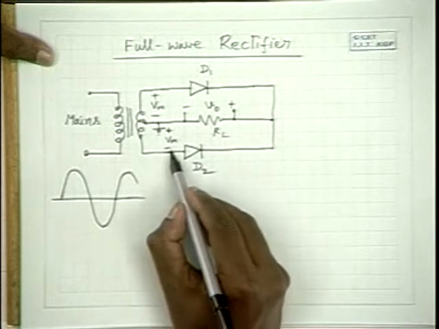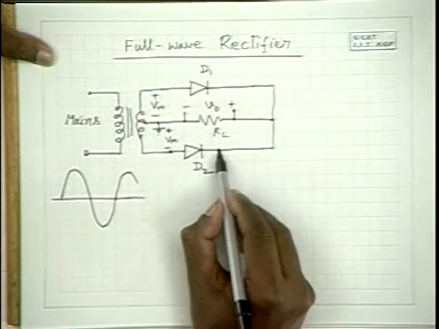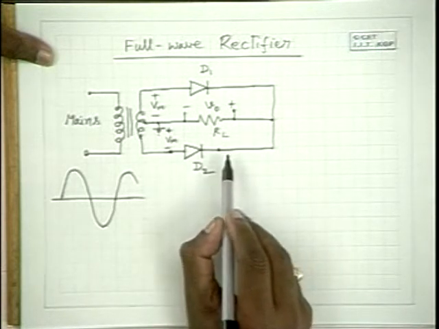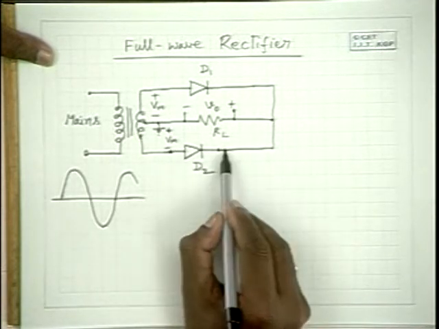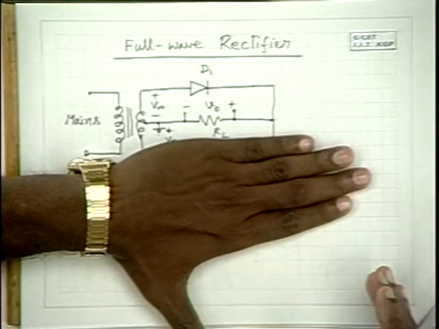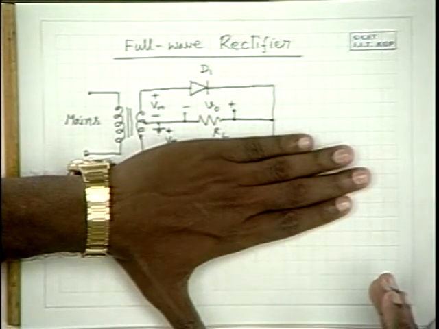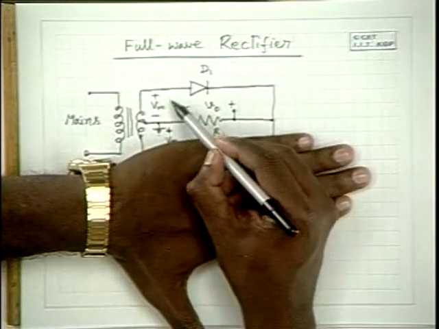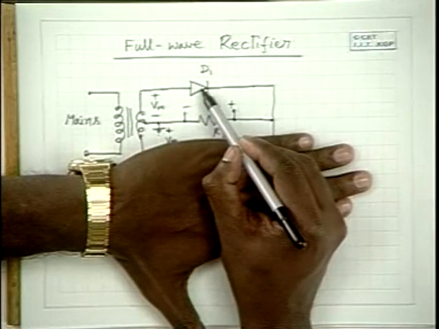Therefore, this is like an open circuit because D2 doesn't conduct, and what is applicable is only the upper half of the circuit. Hence, for the positive half cycle, this diode acts like a half wave rectifier.